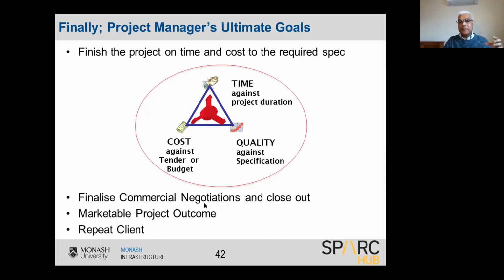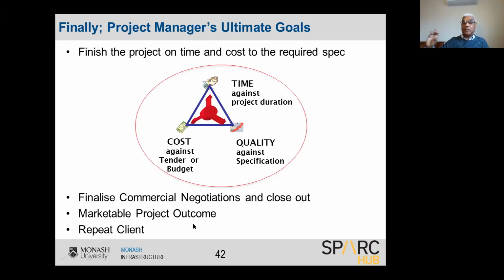The beauty or the management capability of the project manager should be that even though the project is over costed, overspent, or over time, maybe 3 months delayed, even then everybody should say that it's a successful project. That is the management ability of the project manager. That's what we say: financial, commercial negotiations and close out, and marketable project outcome.